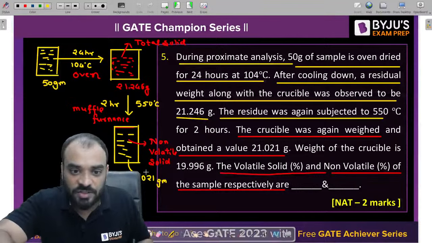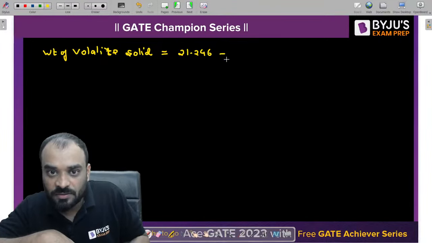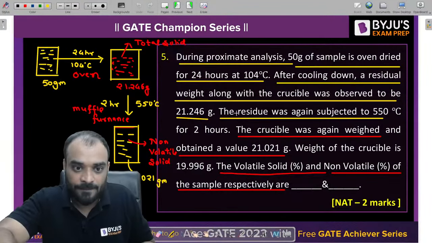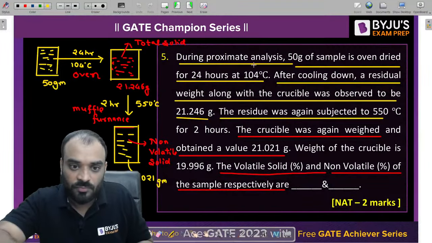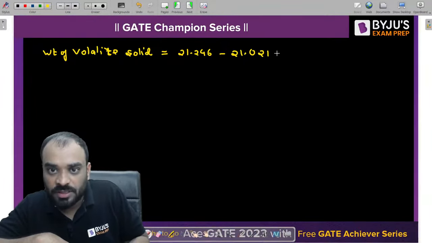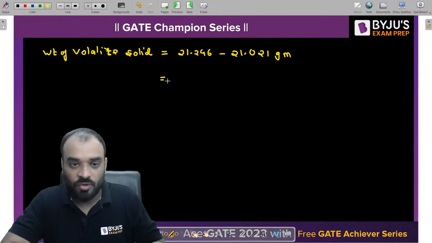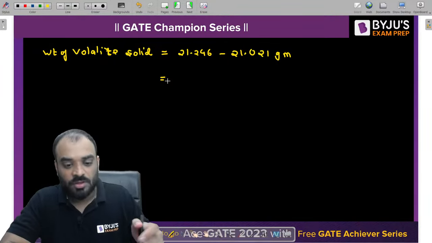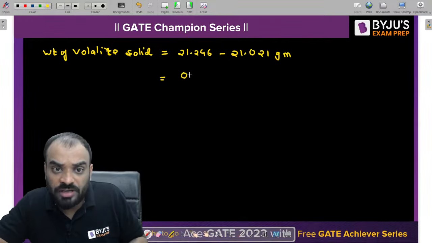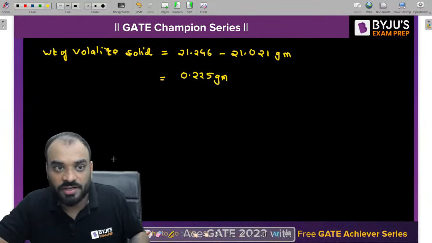Can I say that this value minus this value, it is 21.246 minus 21.021 gram, right? If you subtract it, how much do you get as the weight of volatile solid? So we are getting a value of 0.225 gram as the volatile solid concentration.